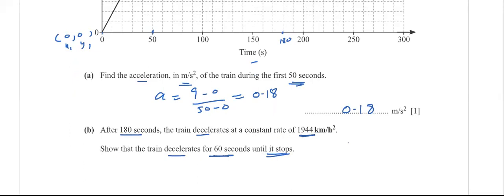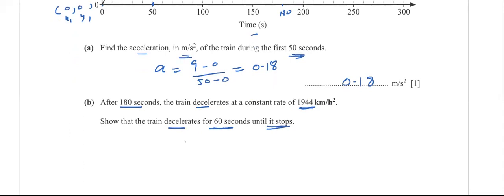This is called the negative acceleration. So we have to prove that the train decelerates for 60 seconds, meaning we have to find the time, the duration in which it decelerates until it stops.